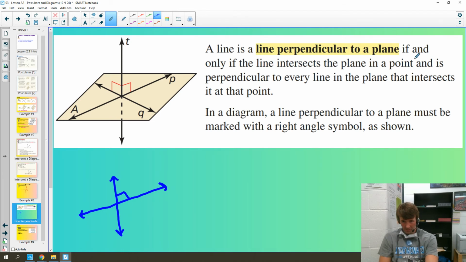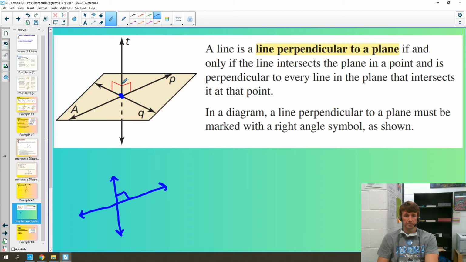The reason this one's different is we've got a line perpendicular to a plane. So it's that one where you've got essentially line T coming down and punching through a single point on a plane and passing through it. By definition, if we want to say that this is perpendicular, it needs to be perpendicular to all the lines that pass through that point.